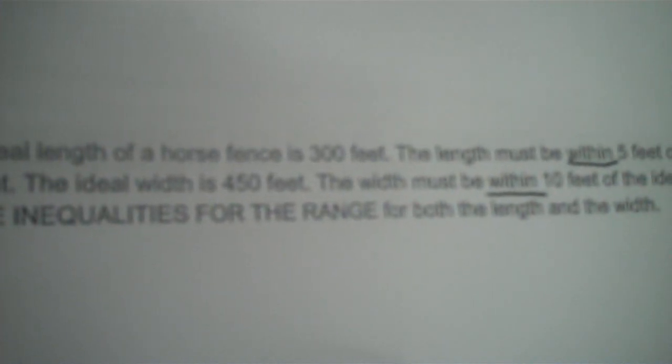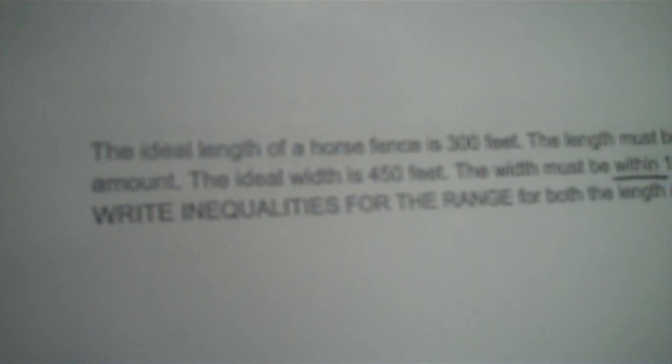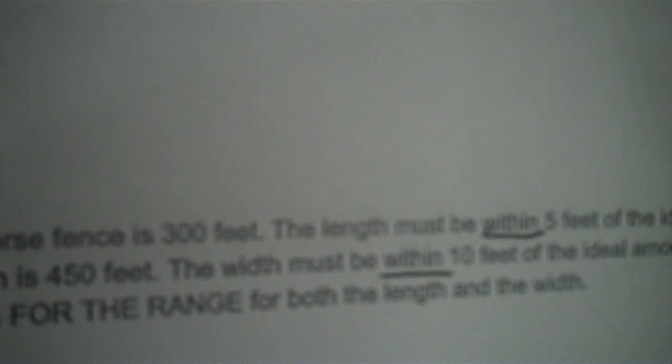Then the last one, you just have one problem to do here. The ideal length of a horse fence is 300 feet. The length must be within 5 feet of the ideal amount. The ideal width is 450 feet. The width must be within 10 feet of the ideal amount. Write inequalities for the range of both the length and the width. So we have two of them to do.